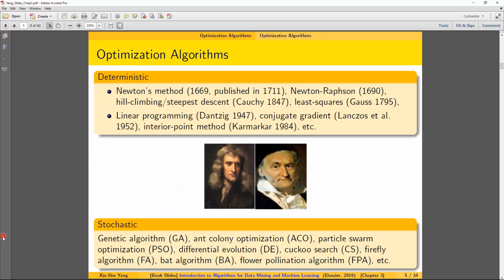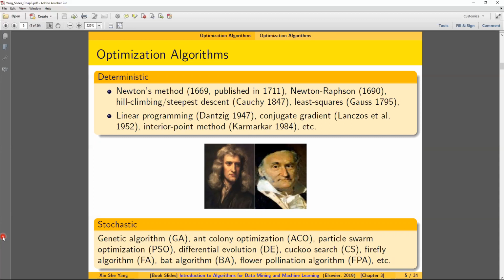There are two classes of optimization algorithms. One class is called deterministic. The other one is stochastic. At a high level, deterministic solution algorithms could include Newton's method, Newton-Raphson, hill climbing, steepest descent, or least square type of approach.